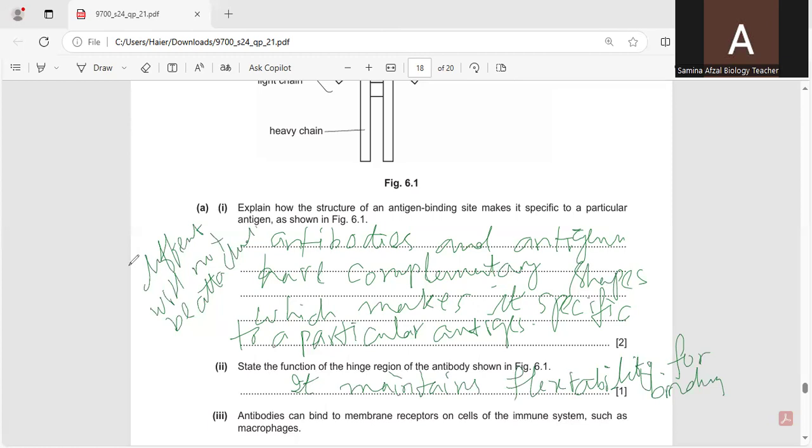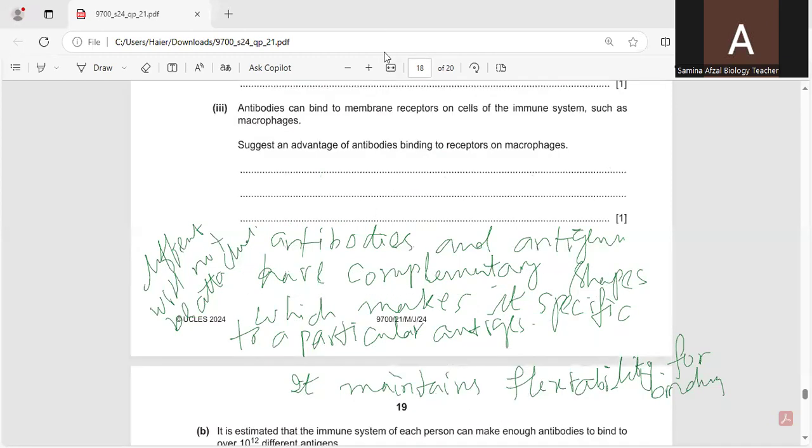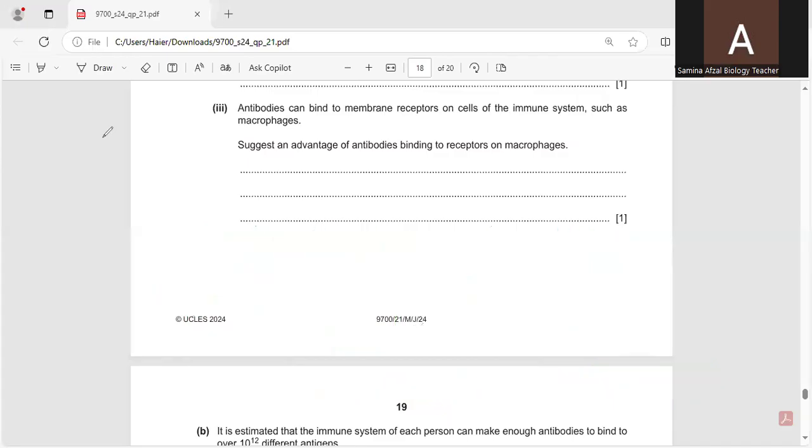Now we are moving towards the next question. The antibodies can bind to membrane receptors on cells of the immune system, such as macrophages. Suggest an advantage of antibodies binding to receptors on macrophages.